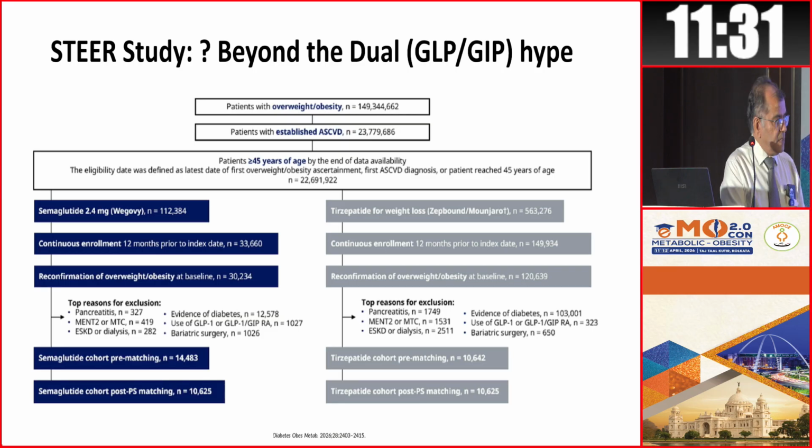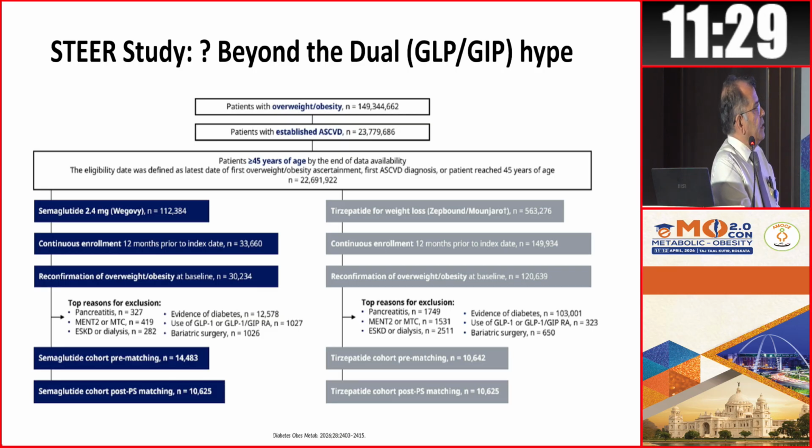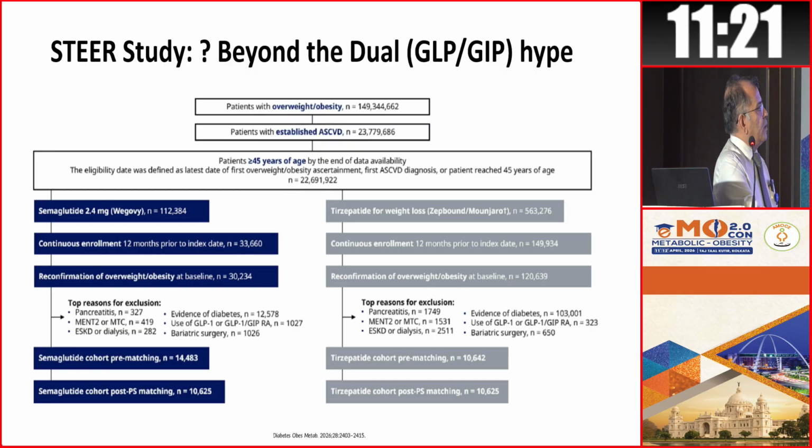You can see here, it's a very busy slide, but basically there was a huge number of patients, nearly 1.5 lakh patients with an established atherosclerotic cardiovascular disease among nearly 23 lakh patients, age more than 45 years. The patients were divided into two groups. One group had semaglutide 2.4.